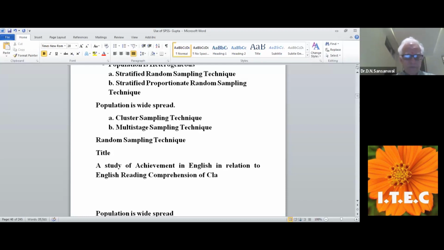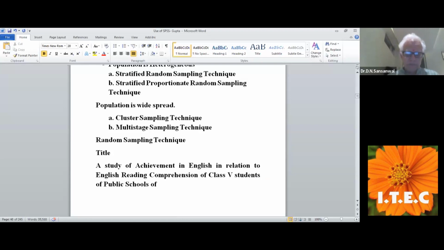of class 5th students of public schools of Lucknow.